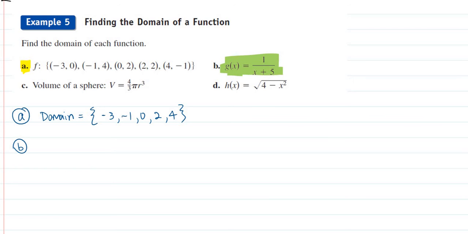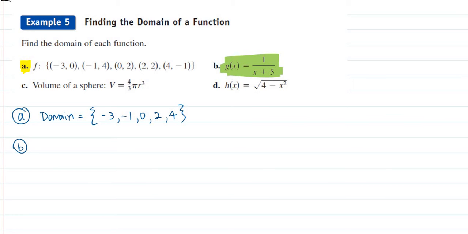For B, we're looking at this equation, and recall that a domain has to provide outputs. So for every input, you have to have an output. And in this case, the function is a fraction. And recall that fractions have to have sort of a limited domain because there are certain things that are undefined in fractions. For example, when the value of the denominator is 0, the fraction is undefined.